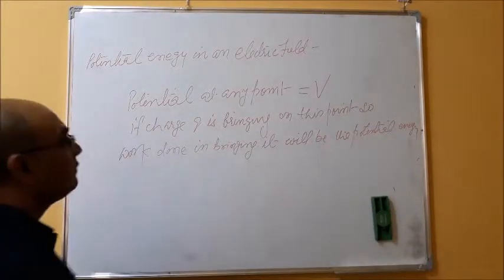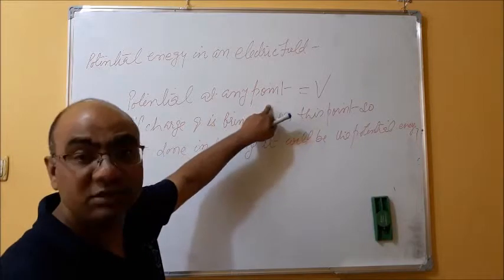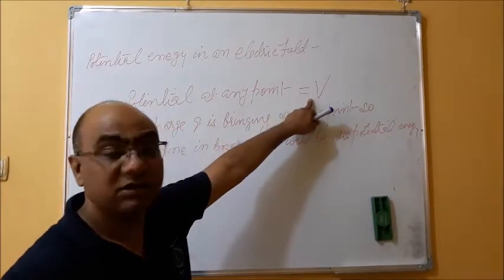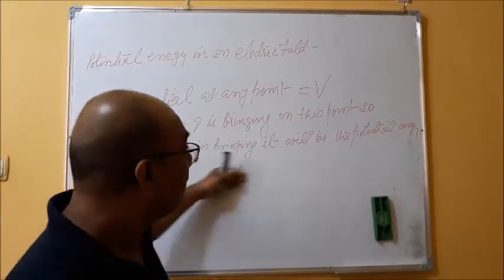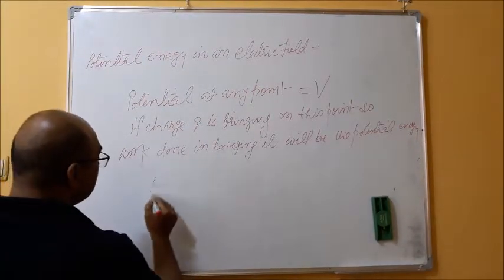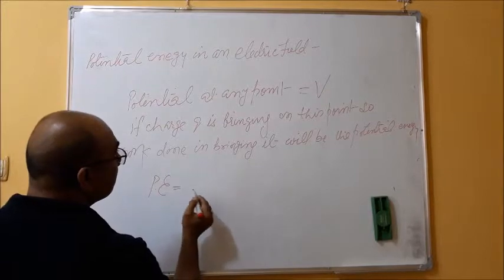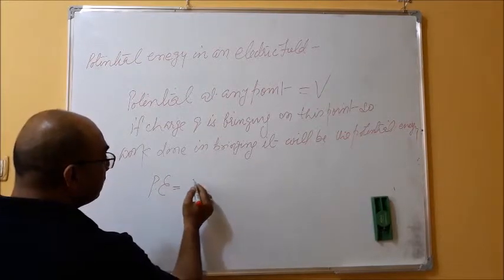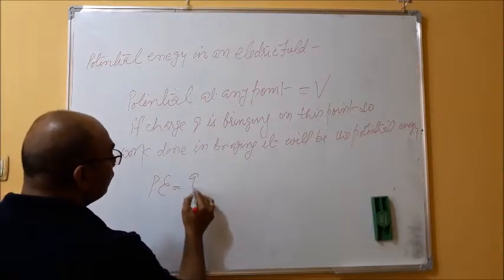So if we are bringing this charged particle to this point where we have the value of potential V, the work done will be equal to the potential energy. Hence, the potential energy is given by, what will be the work done? The work done will be QV.